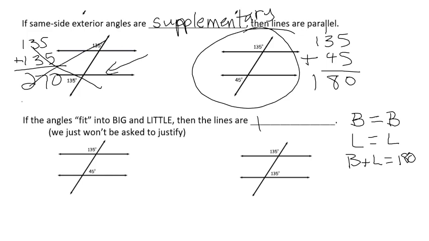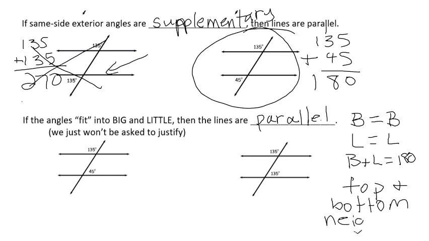So if they fit that B and L pattern, and we have top and bottom neighborhood, then the lines can be parallel. But we can't have something in the same neighborhood. See how there's something here in the top neighborhood, something here in the bottom neighborhood.